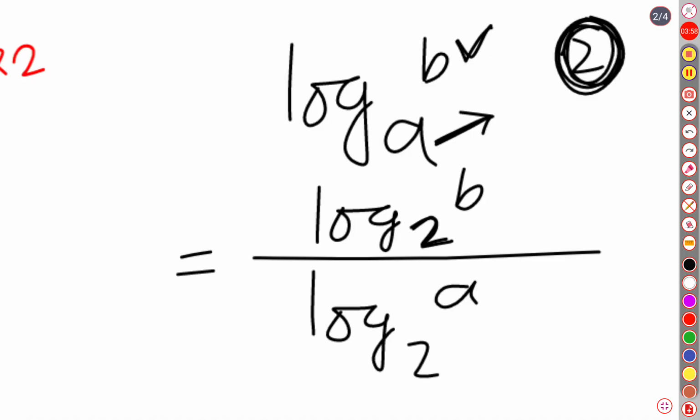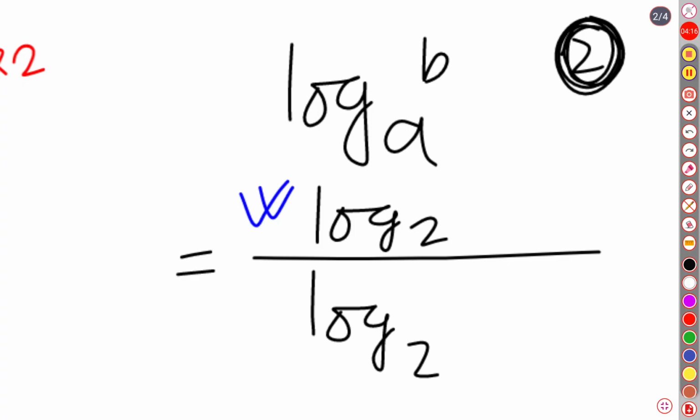Then the argument will be the argument of the numerator, and the base will be the argument of the denominator. It is as simple as this. Let me explain once again. First of all, we write both the numerator and denominator with the base we require. We require base 2.